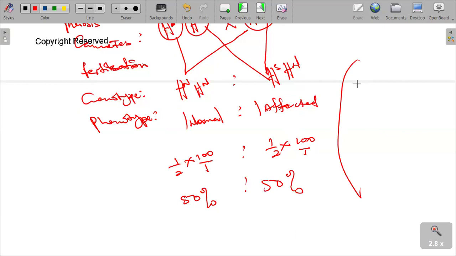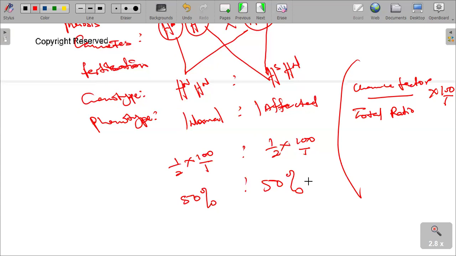So in getting percentage, guys, it is chance factor over total ratio, and then you multiply by 100 over 1 in order for you to get the percentage.